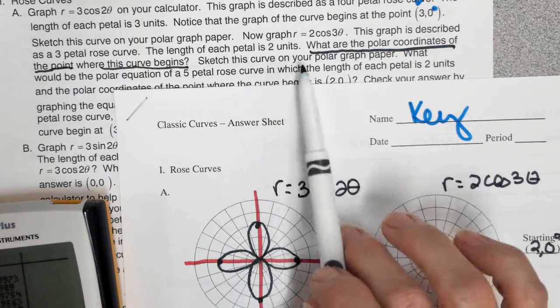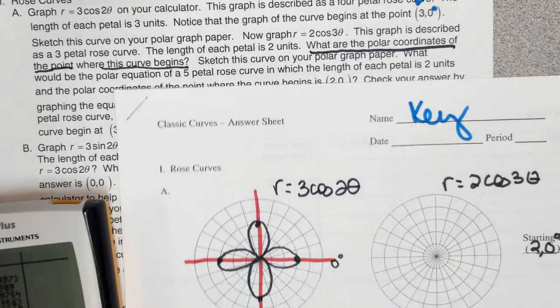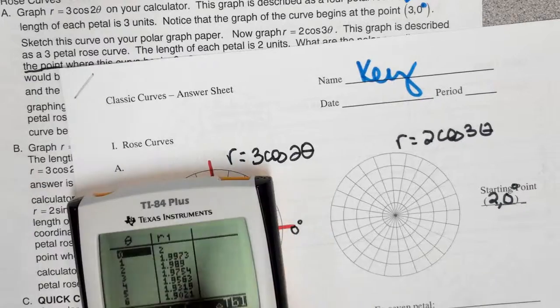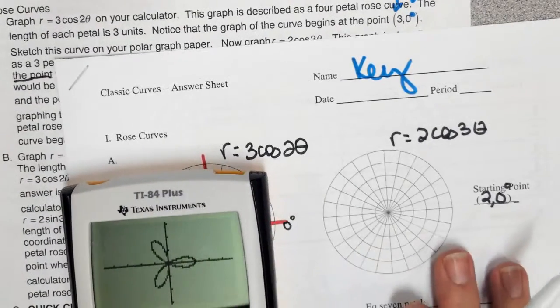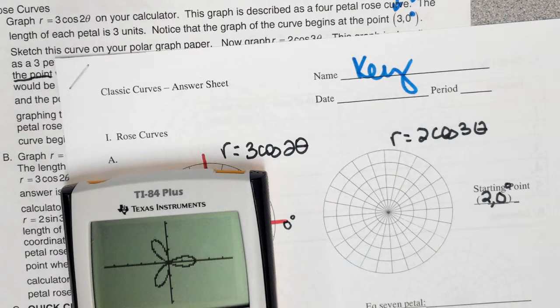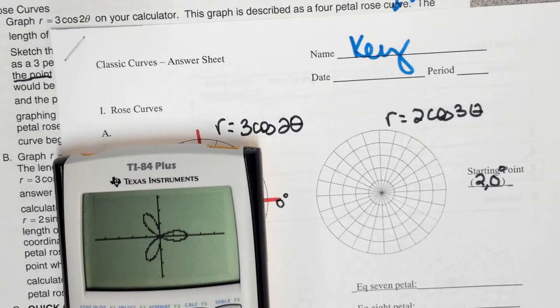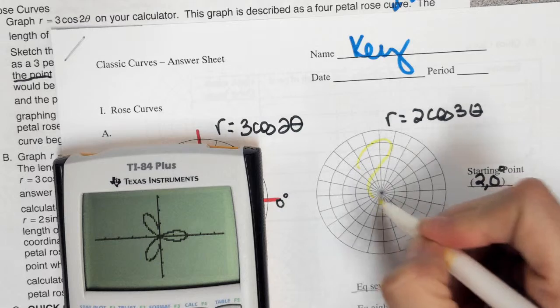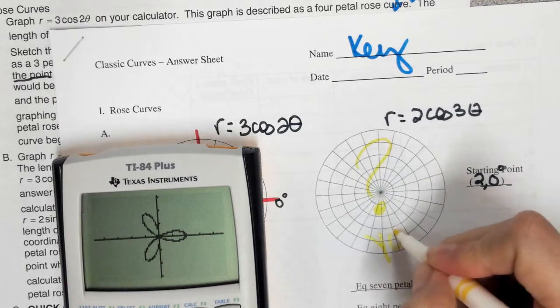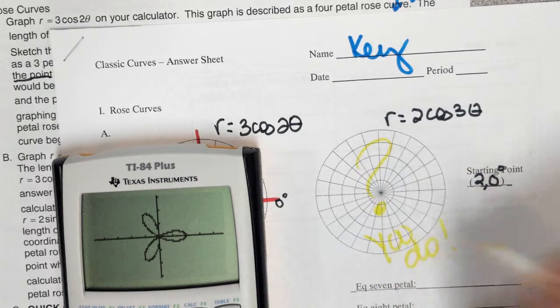It says sketch this curve on your graph. So I'm not going to sketch this one with you. You go. I just did it. Good. Hit graph and go sketch it. You and your group sketch it, and I'll wait. You done? Yeah. Beautiful. Thank you, ma'am.